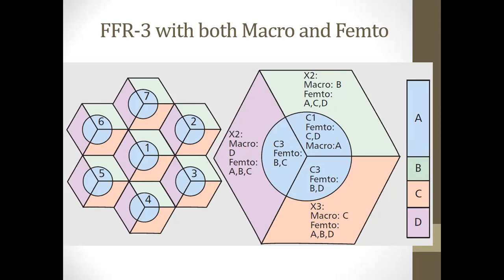So this is also a variant of FFR. But that actually means that you'll be using them for users who are close to the base station. Otherwise, a lower power level cannot handle anything. So we didn't show the power levels, but the basic concept is probably now clear.